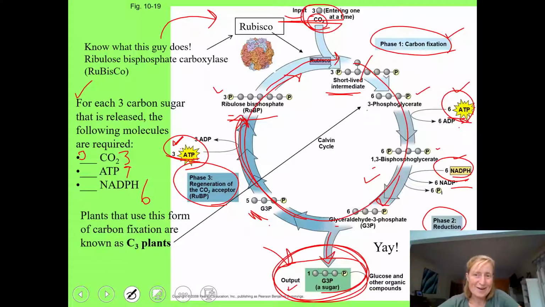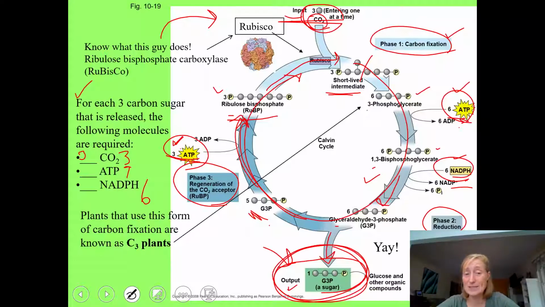Okay, we get our ATP and our NADPH from the light reactions. We get the carbon dioxide from the environment thanks to the enzyme called Rubisco, or ribulose bisphosphate carboxylase. It adds a carbon to ribulose bisphosphate. That's its job, right? This is one mechanism that plants can use to make sugars.